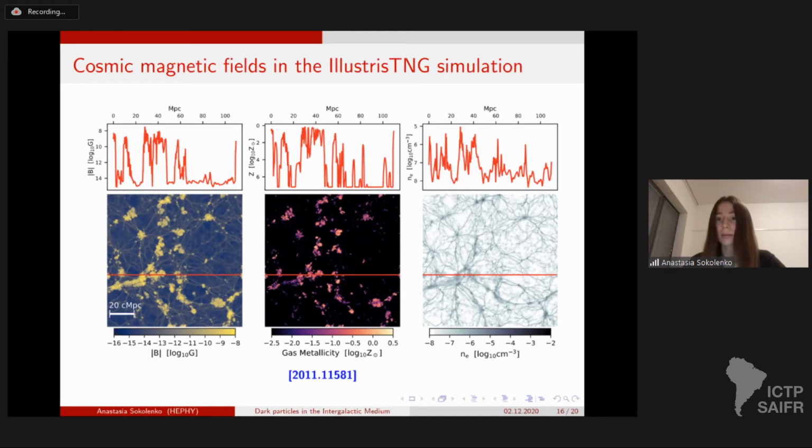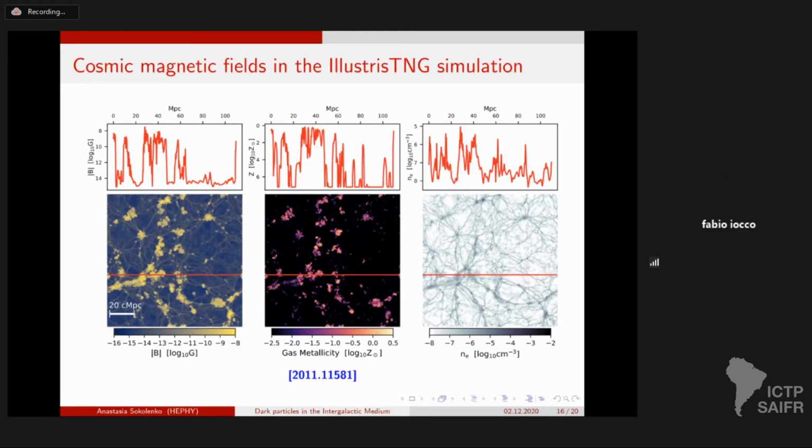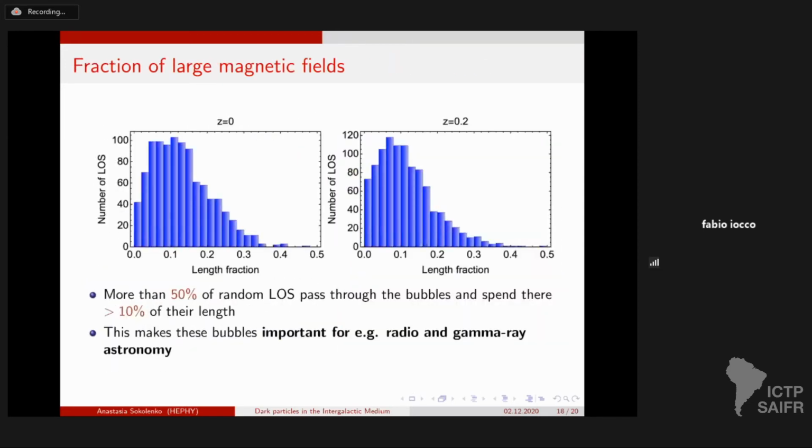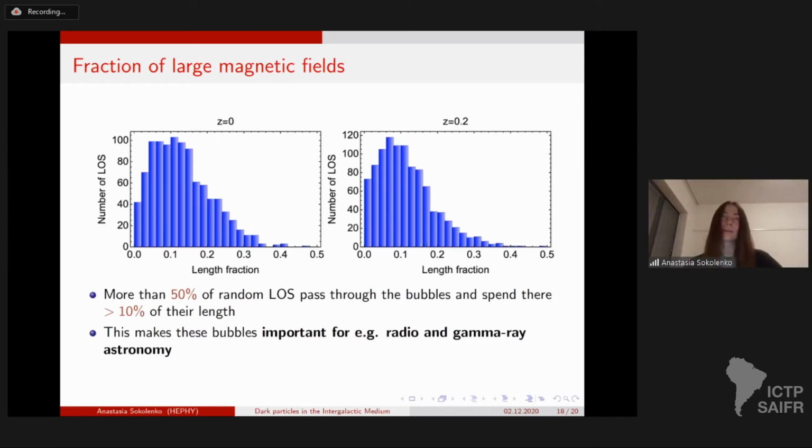I understand. And when you mention the impact on gamma ray astronomy, you're talking about the possibility to see magnetic fields through AGN or blazar spectra? Well, for example, some people want to constrain intergalactic magnetic fields using TeV sources, and that can be done with CTA.